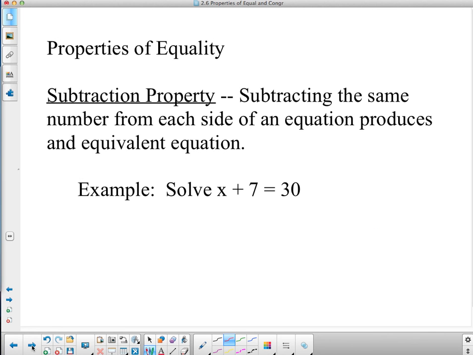Okay, subtraction property. You can subtract the same amount from each side of an equation and it still stays an equal equation. So my example was x plus 7 equals 30. That's your given equation. And so you would be subtracting 7 from each side.